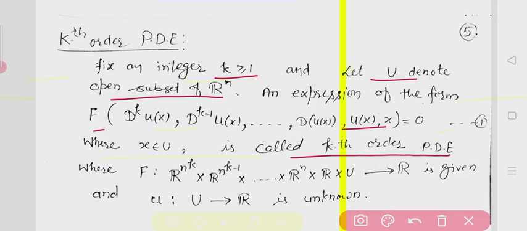Where this F is a function from R^(n^k) x R^(n^(k-1)) x ... x R^n x R x U to R. This is given.